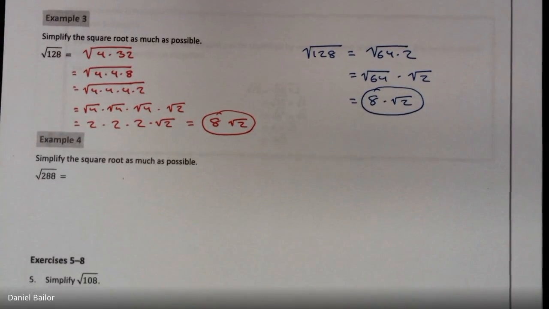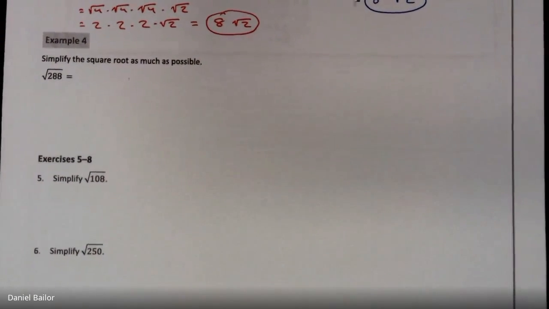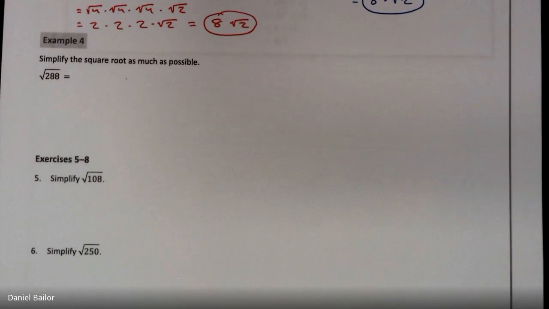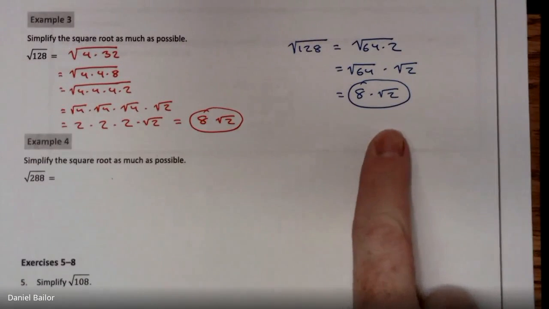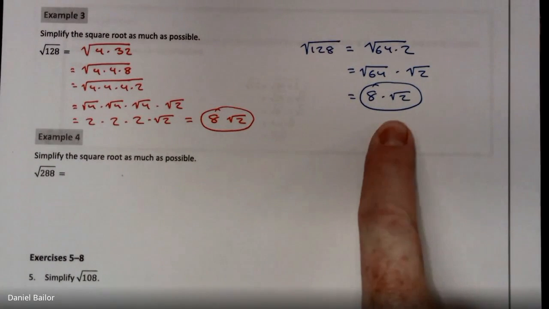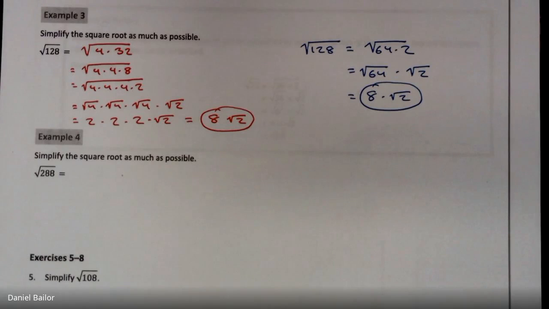Let's do the same thing with example 4, the square root of 288. Now you're thinking of the 288 and you're like, I don't know, what is that? Well, if you don't know the fastest factors, just pick any factors.